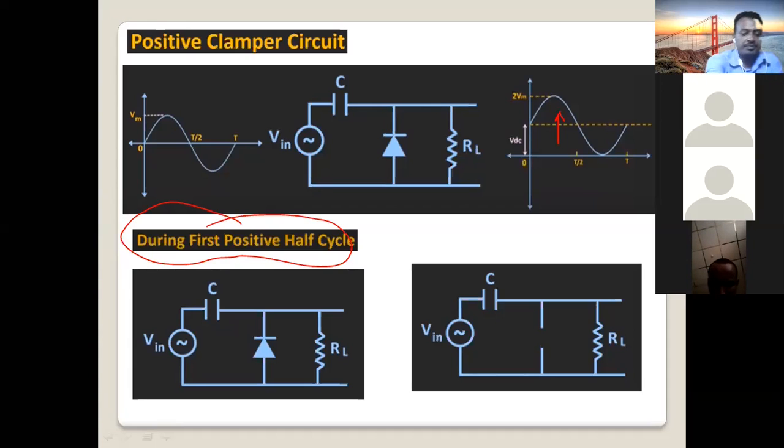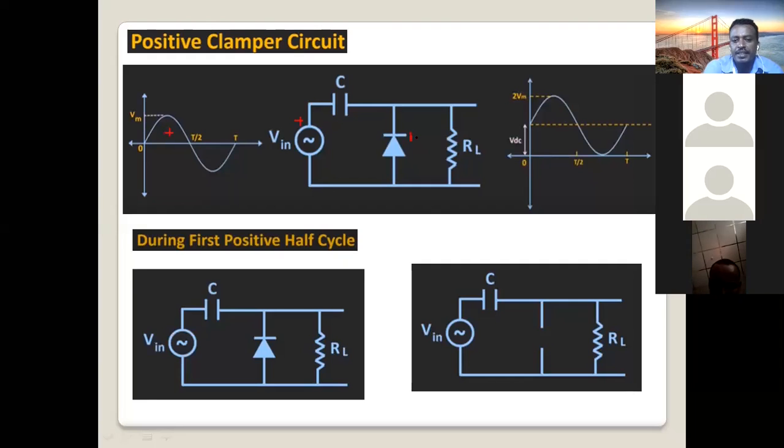Now, let's see how the operation of this circuit works. This is our circuit. During the positive half cycle, when input is positive, what will happen to the diode?